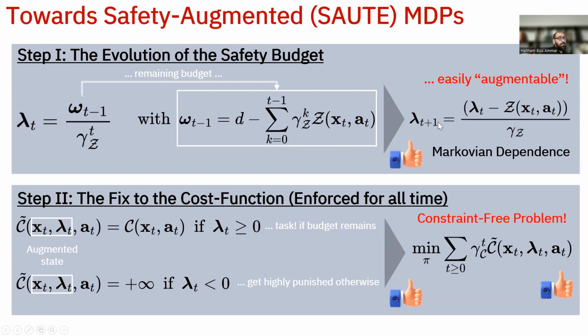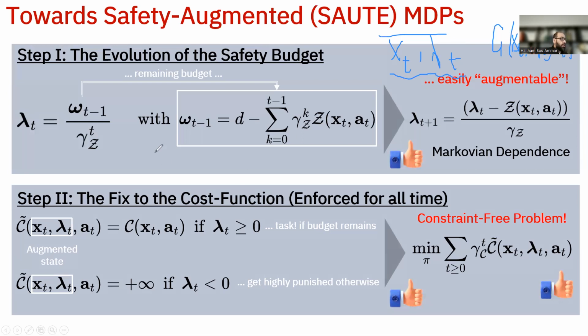And now, because my state variable will be made of x and lambda, so xt and lambda t, I need to be able to define a cost, which is a function of the state and the action, but the state now is xt, lambda t. So I need to define a cost for the state xt, lambda t and the action at.